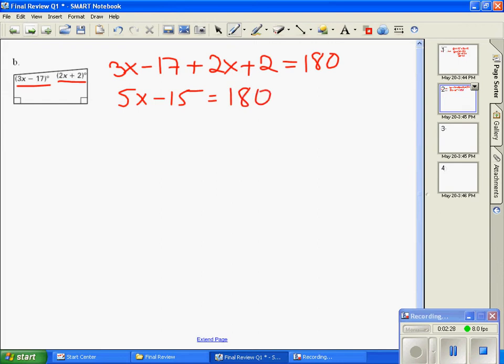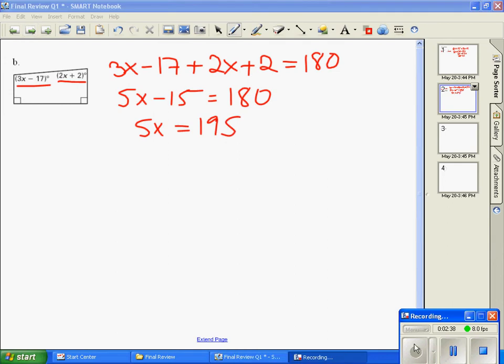Then we add 15 to both sides. We have 5x equals 195. And 195 divided by 5 is 39. So x equals 39.